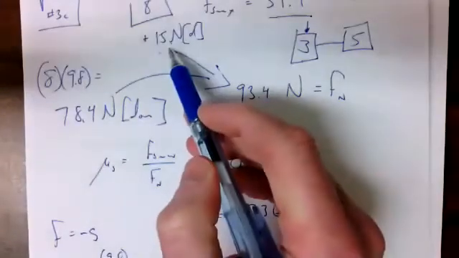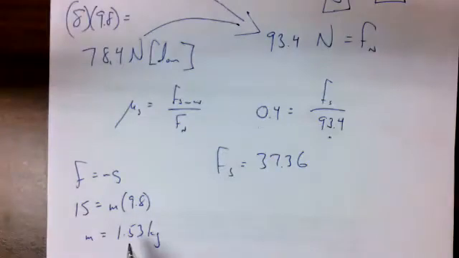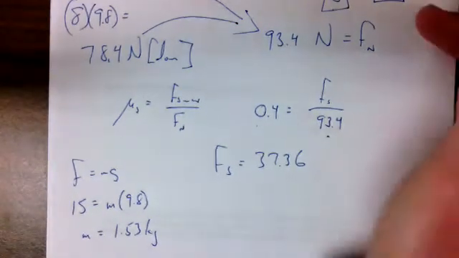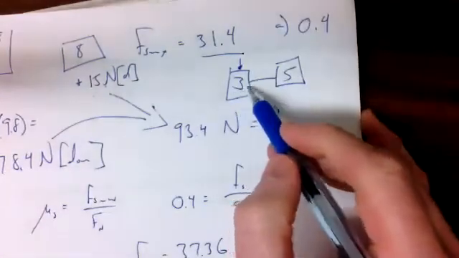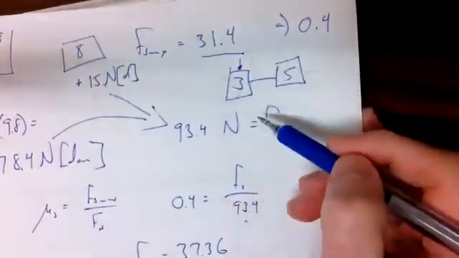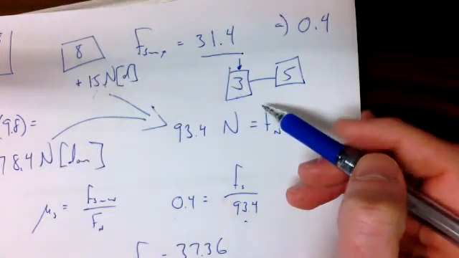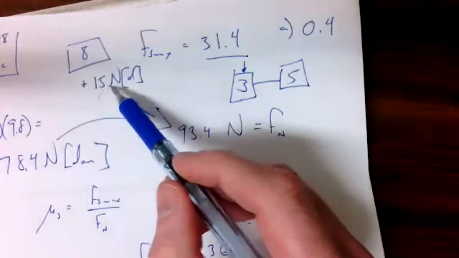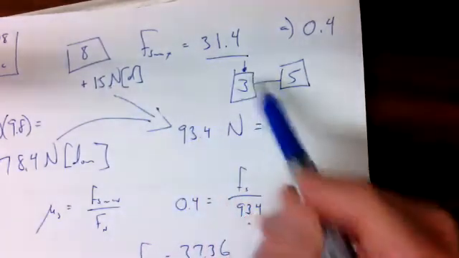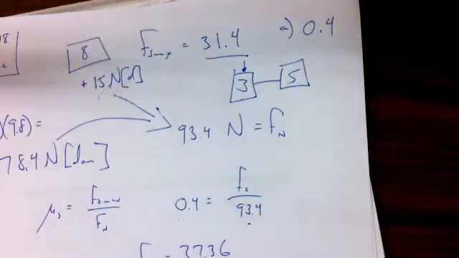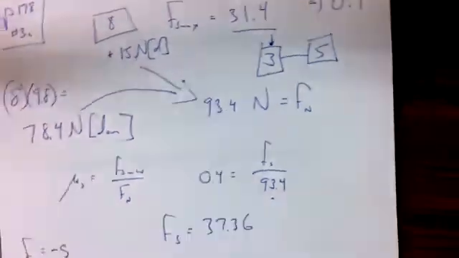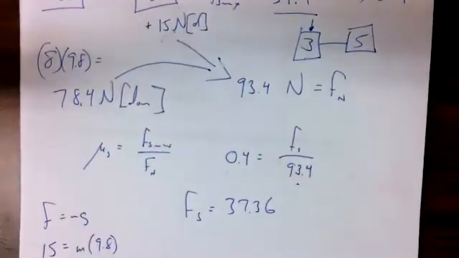Somebody pushes down with 15 newtons, it's the same as them adding 1.53 kilograms. Because if I told you it's 3 and 5, well, now it's 4.5 and 5. Well, that makes it way easier, right? Maybe. You're just converting that force to mass. Okay. Does that kind of make sense? Is there something I'm skipping over?